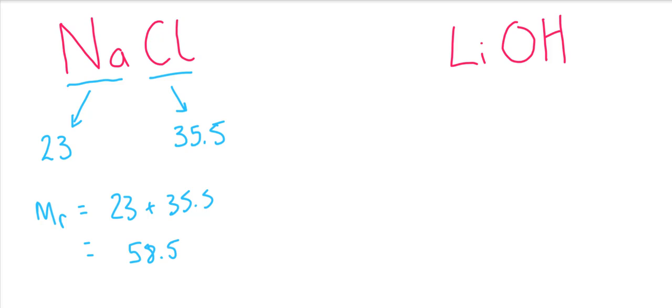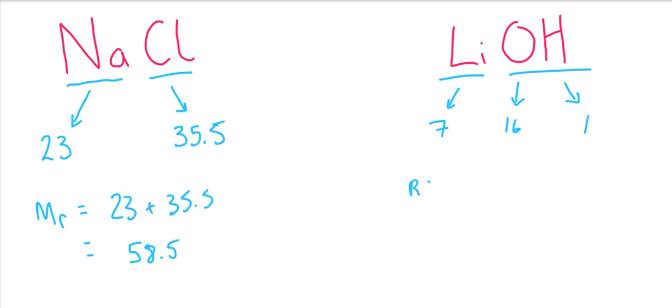Okay, well, how about lithium hydroxide? Again, if we look at our periodic table, lithium has a relative atomic mass of 7, oxygen has a relative atomic mass of 16, and hydrogen has a relative atomic mass of 1.